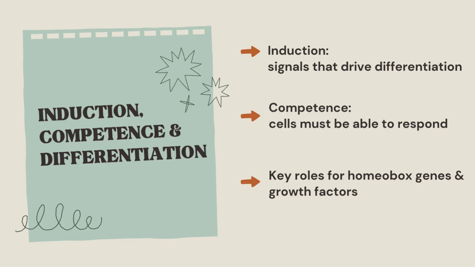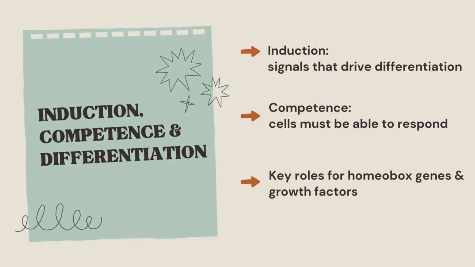Competence means those cells are able to receive and respond to those signals. And differentiation is the final outcome, where cells acquire specialized functions. Homeobox genes and growth factors play central roles in regulating these steps, including those involved in tooth formation.